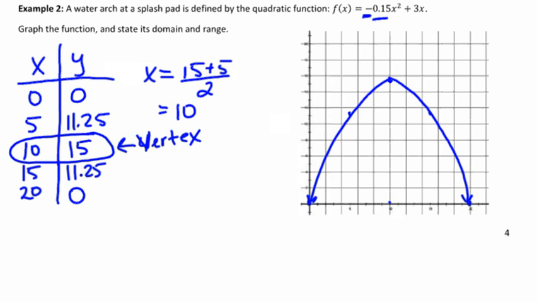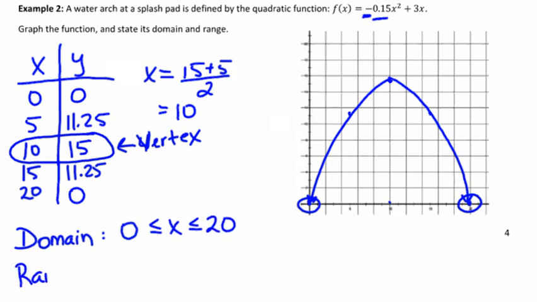The last part this question wants us to do is to state its domain and range. So domain, again, is all the x values that this question will be contained. So we're talking about an arc. We won't have a negative measurement for how far the arc of the splash pad goes. So our domain is between our lowest to our highest x value, so 0 and 20. So we write that as x is greater than or equal to 0, but less than or equal to 20.